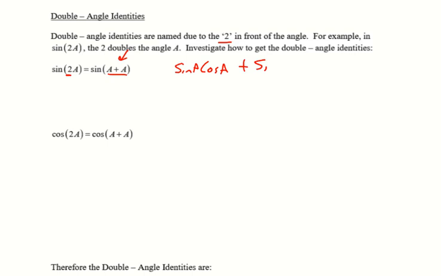You can see the sine A and cos A, sine A and cos A, so this really just ends up being 2 sine A cos A. There's 2 of them. So that's where that comes from. So sine 2A is equal to 2 sine A cos A.